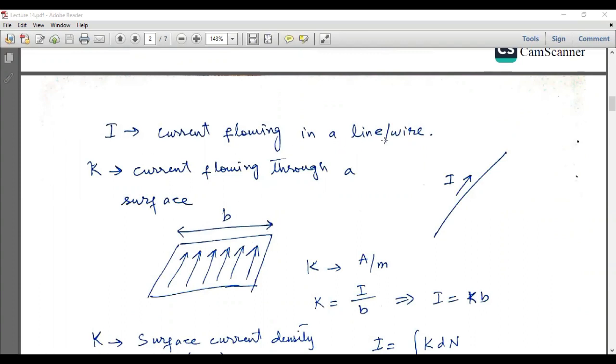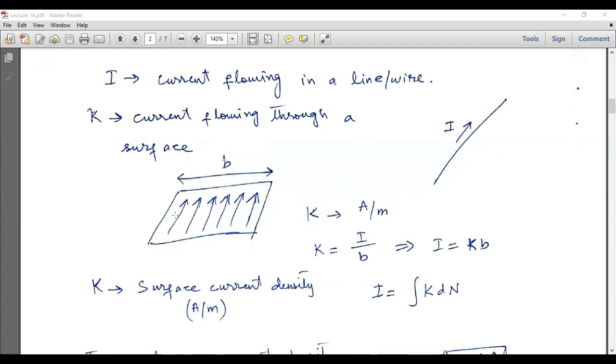So I is the current flowing in a line or a wire. This is also called a line current, and the units of line current are amperes. The surface current density is represented by the symbol K, and K is the current flowing through a surface. This is the surface, and the width of the surface is equal to b, and the current is flowing through the surface, crossing this width of the surface, which is b.